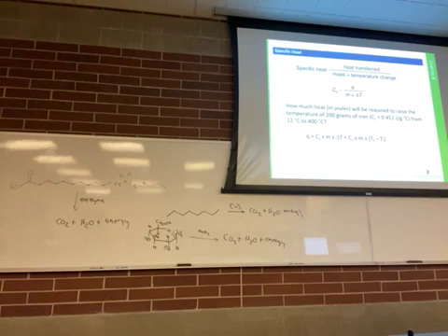Well remember, delta T is final minus initial. So I'm ready to roll. I have my specific heat right here for iron, I have the amount of iron, and I have the change in temperature. I'm going from 12 degrees to 400.